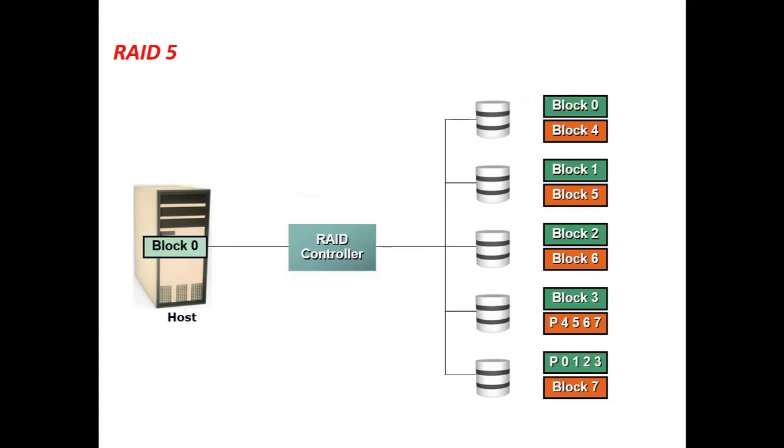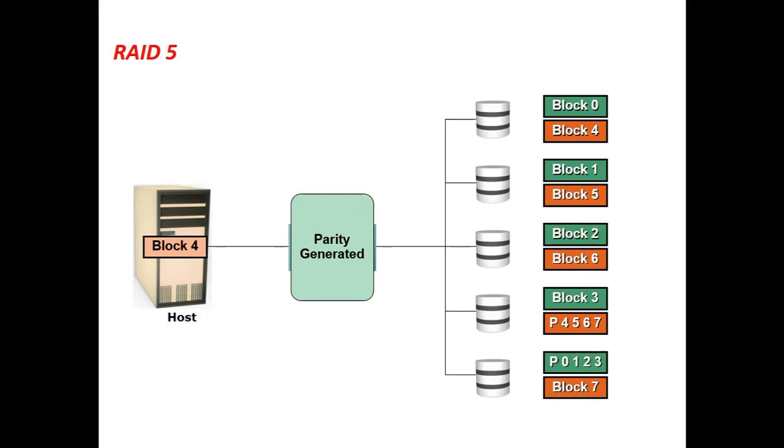Let's replay it once again. Suppose this block 0 of data needs to be updated. The RAID controller first fetches the parity value and fetches the old data. So two read operations are performed here. It computes the parity. After computing the parity, it writes the updated data, that is block 0, and also stores the updated parity value.